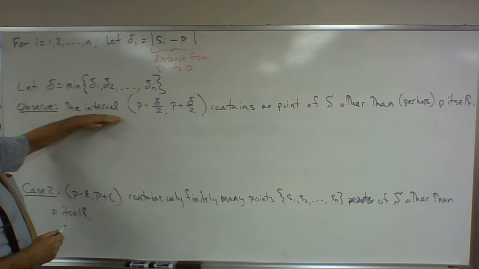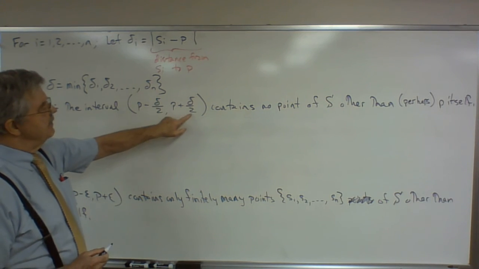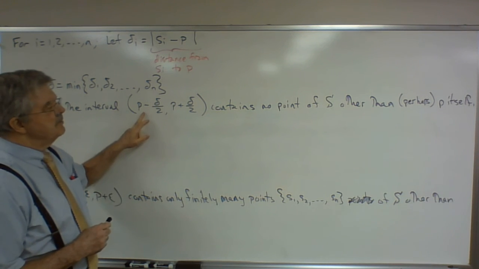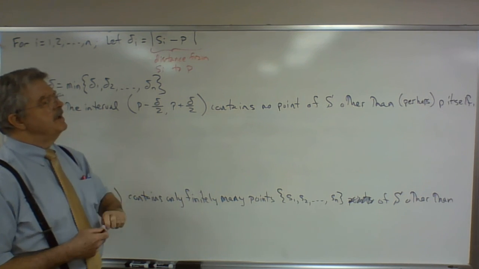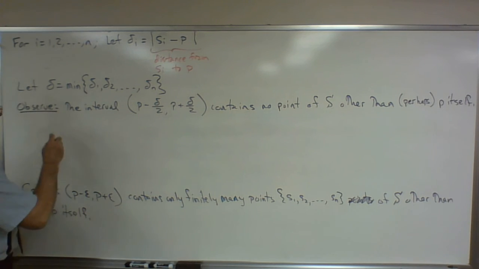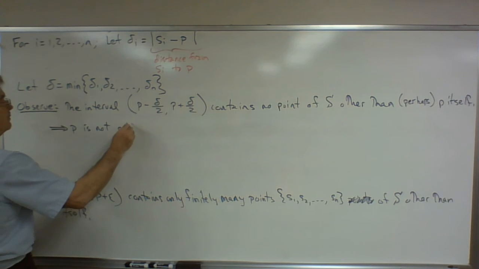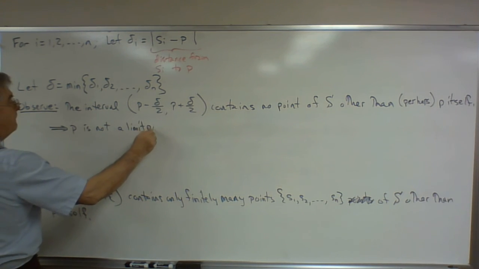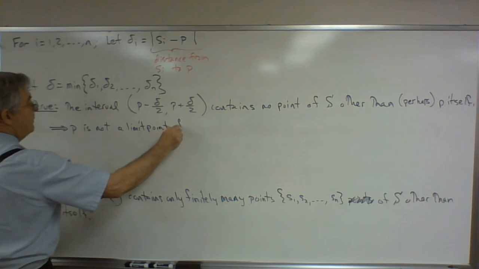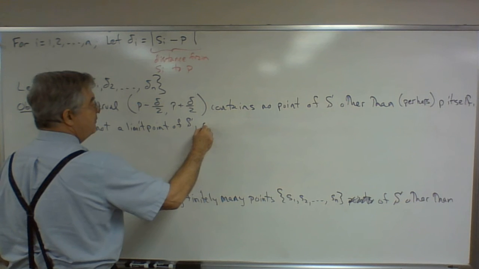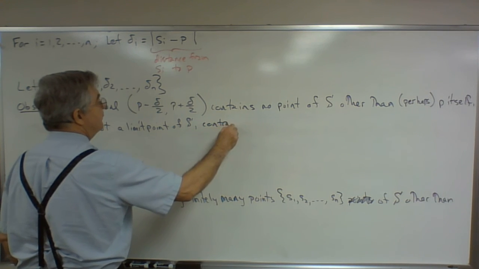Just by the very definition of limit point, if we're letting this function as our delta, we have an open interval centered at P that contains no point of S other than perhaps P itself. This implies that P is not a limit point of S, contrary to our hypothesis.